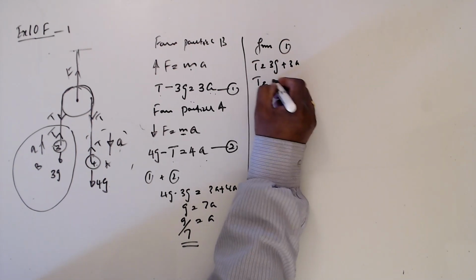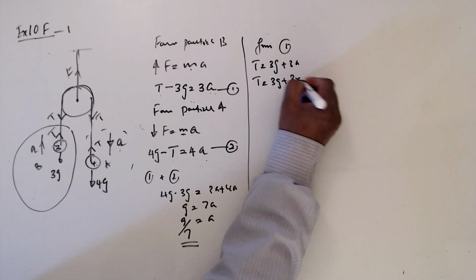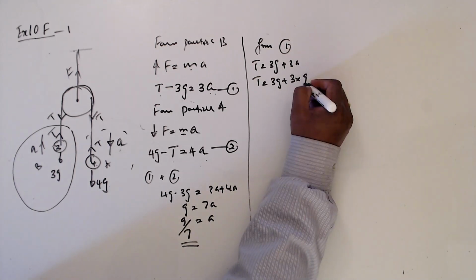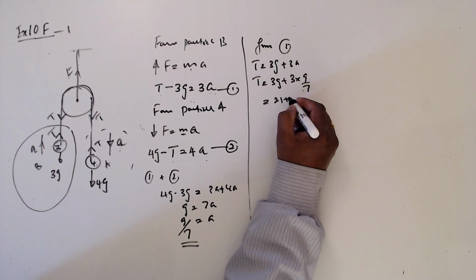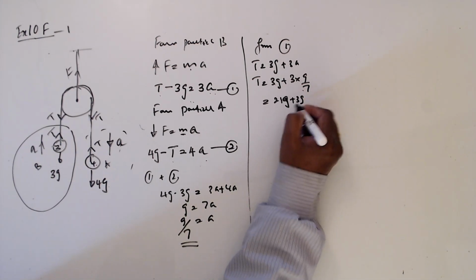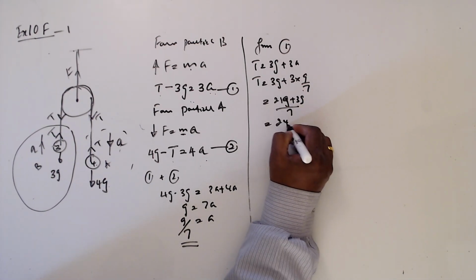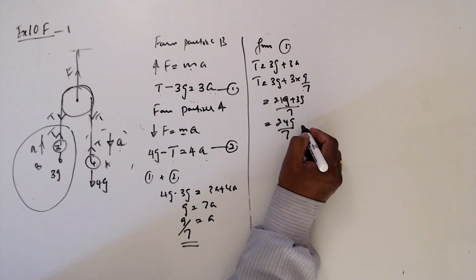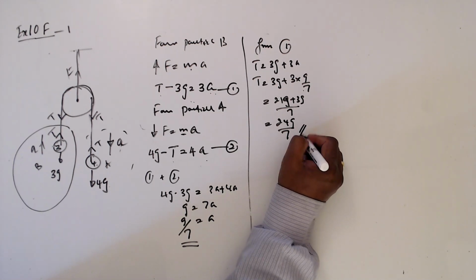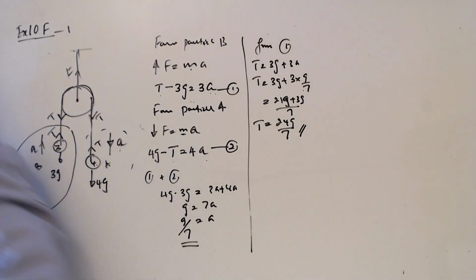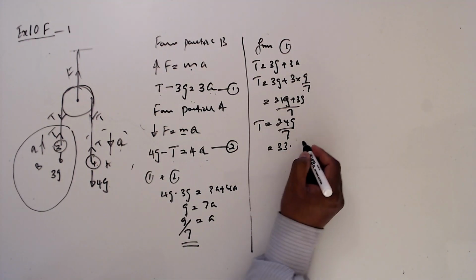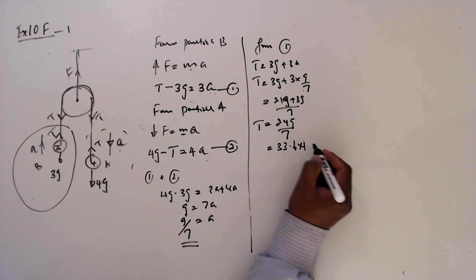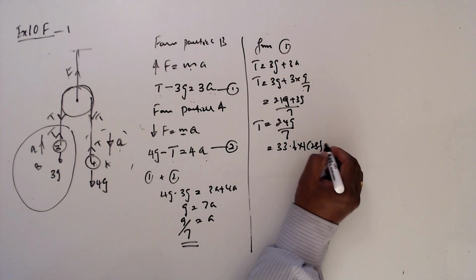So T equals 3g plus 3 times g over 7, which is 21g plus 3g over 7, so 24g over 7 is the tension. This is 33.6 Newtons to 2 significant figures.